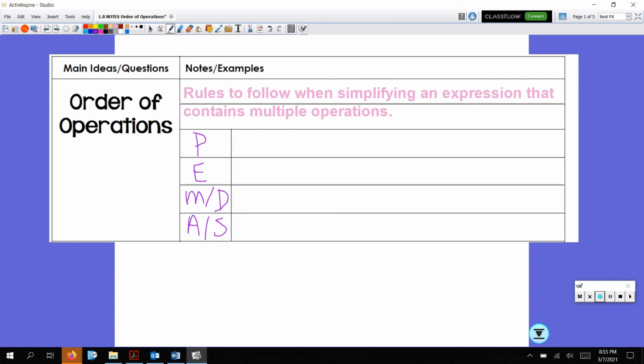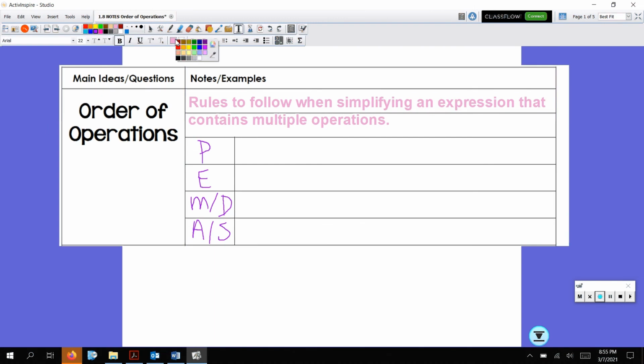Okay, so PEMDAS, remember P stands for parentheses or other grouping symbols. So I want you to write that down because it's important. Remember, good notes will help you in the end. Parentheses, other grouping symbols.